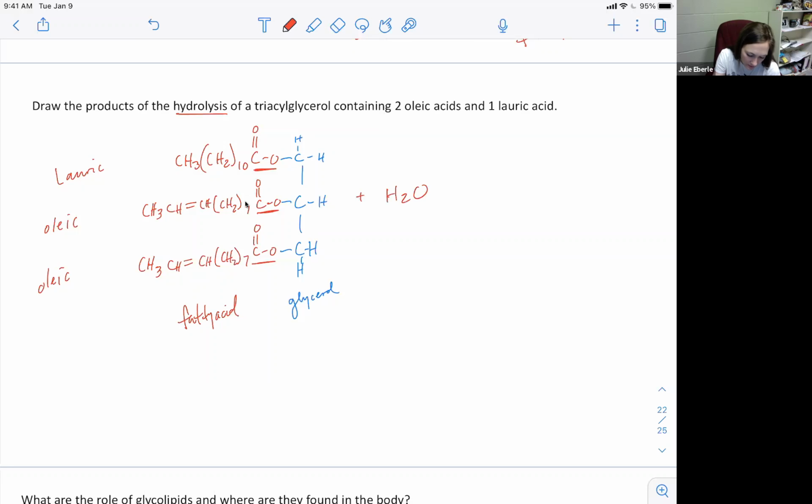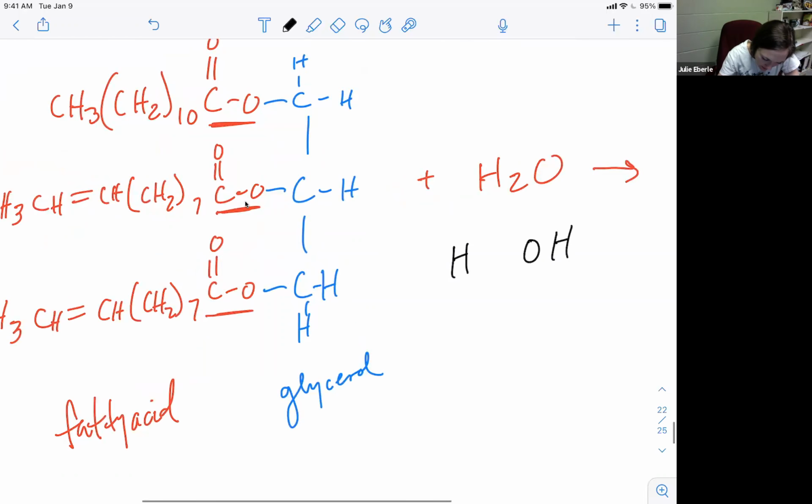And what's going to happen is water has H and it has OH. This is what we commonly see anytime we hydrolyze esters or amides with water. Same idea. Anytime you hydrolyze peptide bonds or glycosidic bonds, the OH is going to go to one part and the H is going to go to another part. So we're going to break the bond connecting the fatty acid to glycerol.